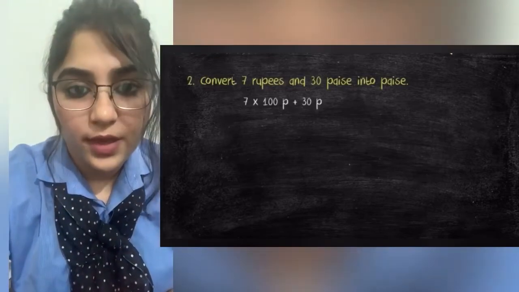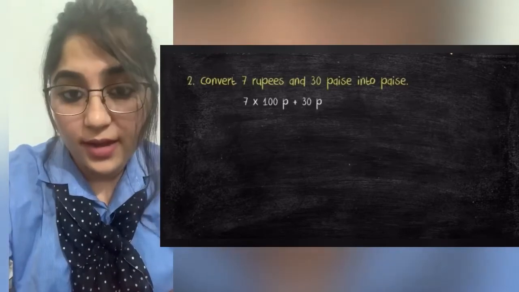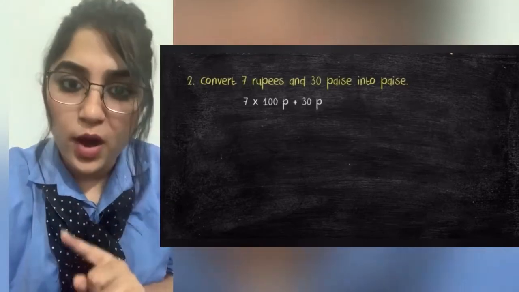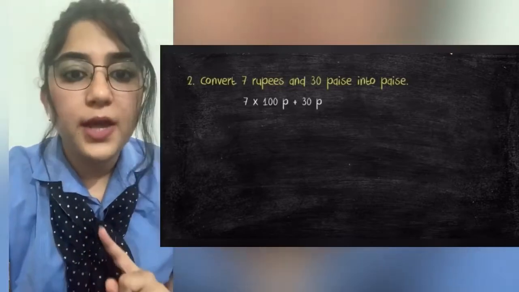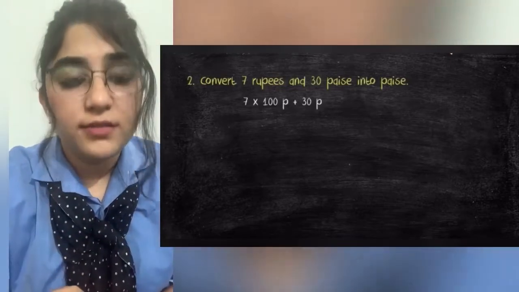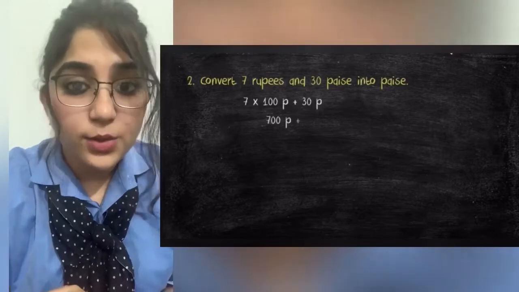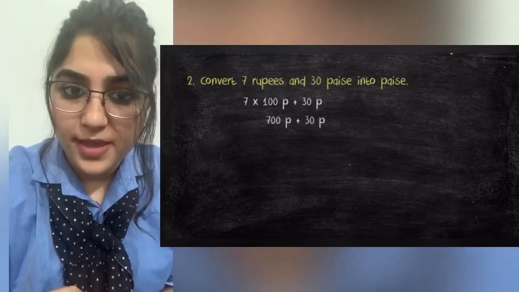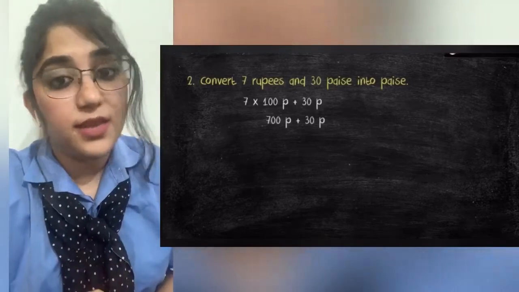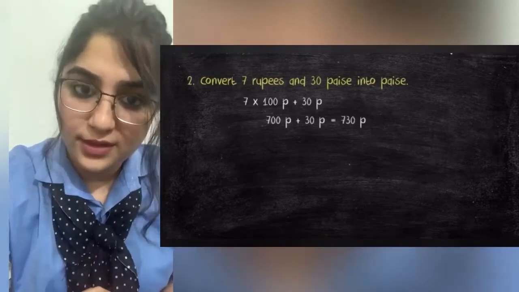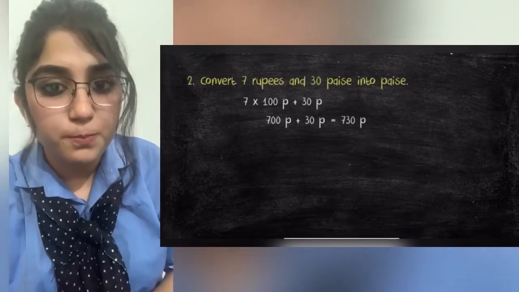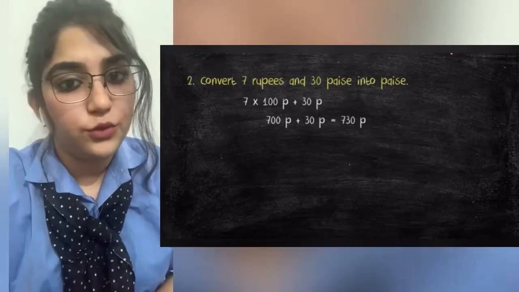So here 7 rupees and 30 paise will be 7 into 100 paise plus 30 paise. 7 into 100 equals 700. So 700 paise plus 30 paise equals 730 paise. So students, we have converted rupees and paise into paise.